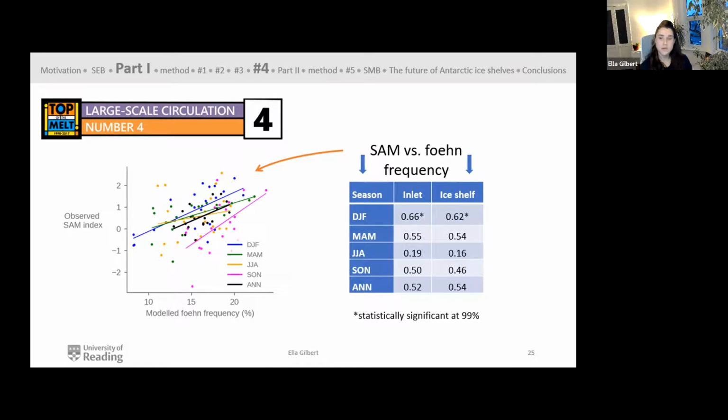It makes sense that we have these strong positive relationships, because those large-scale circulation patterns really influence the synoptic and local scale meteorology. Positive SAM conditions are associated with strong cross-peninsular winds, and we know that strong cross-peninsular winds result in Foehn winds. So you can see how the large scale impacts the localized scale, and therefore melting on the Larsen C ice shelf.